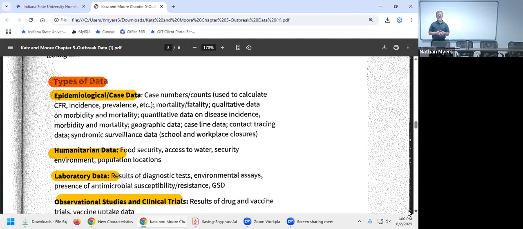Mortality and fatality data is obviously important, both in terms of animal populations and human populations. To what degree are infections proving to be fatal? It's not all strictly quantitative data, however. Qualitative data can also be collected on morbidity and mortality. So looking at, beyond the numbers, how are the effects of the virus, avian influenza or another virus, affecting individuals, affecting families, affecting communities?